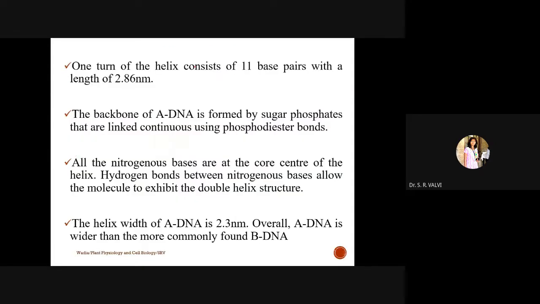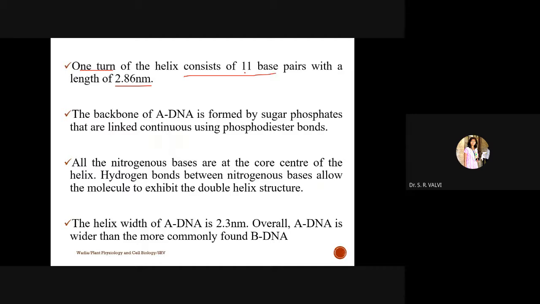Now, one turn of the helix consists of 11 base pairs with a length of 2.86 nanometer. So in one turn, how many nitrogenous bases are there? 11. 11 base pairs are present in A type of DNA. Please remember, you have to differentiate between A, B and Z type of DNA, in which you have to remember the length of each turn along with the nitrogenous bases present within this turn.